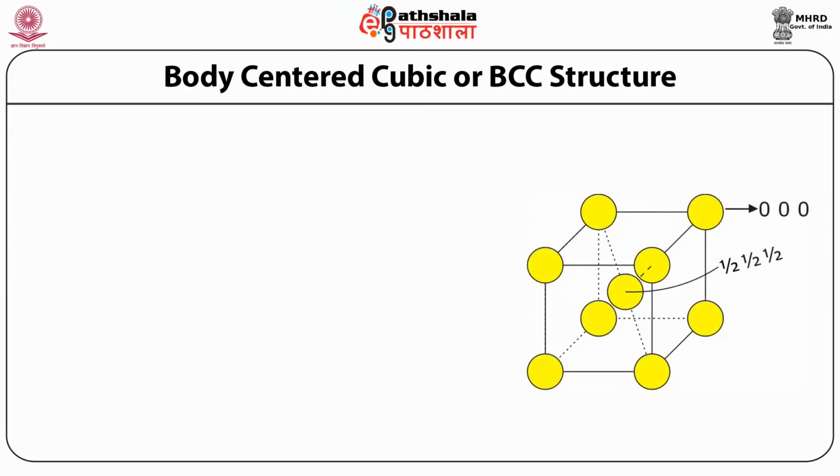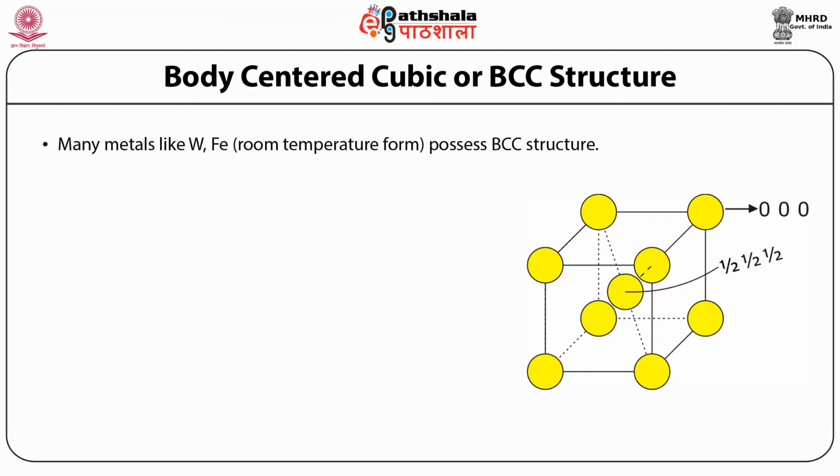Now the next category is body-centered cubic or BCC structure. Many metals like tungsten and iron, which are present in room temperature form, possess BCC structure. The BCC structure contains two atoms per unit cell, which can be seen on the right hand side of the figure.